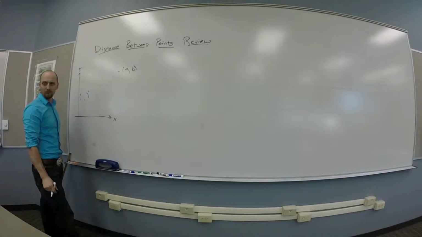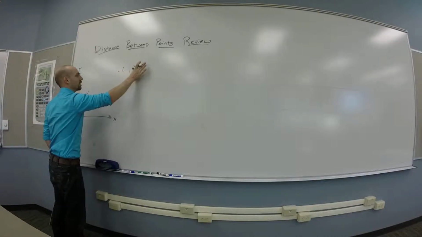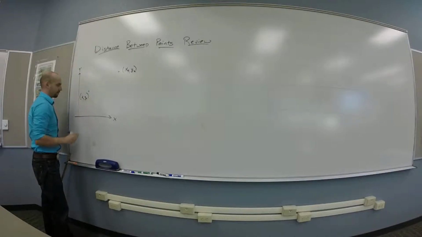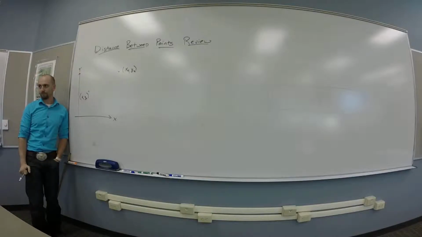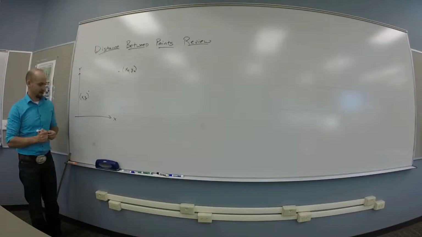Oh, wait. The formula in the book has some order to it, right? So let's call this one x2, y2, and this one x1, y1. Okay, now I want to know how far apart these are, right?